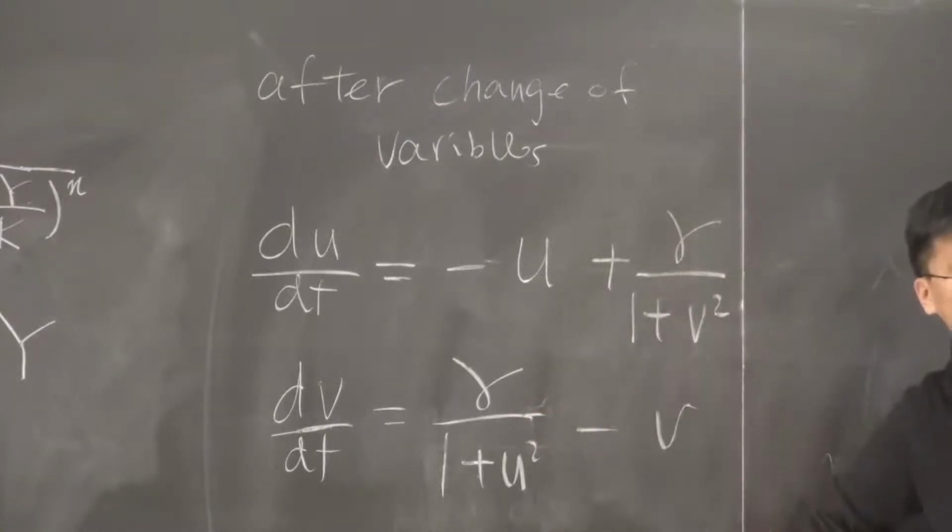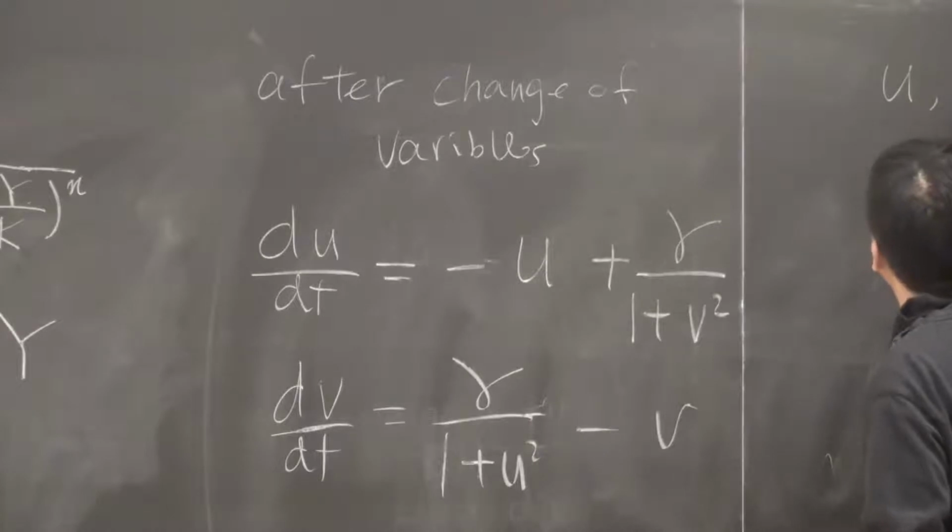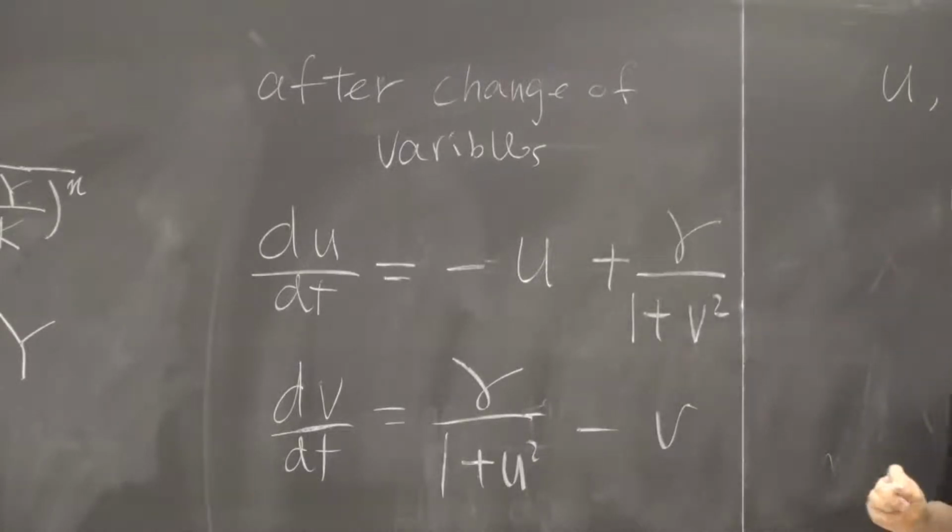Okay? Suppose U and V are positive numbers because they're concentrations, or zero.